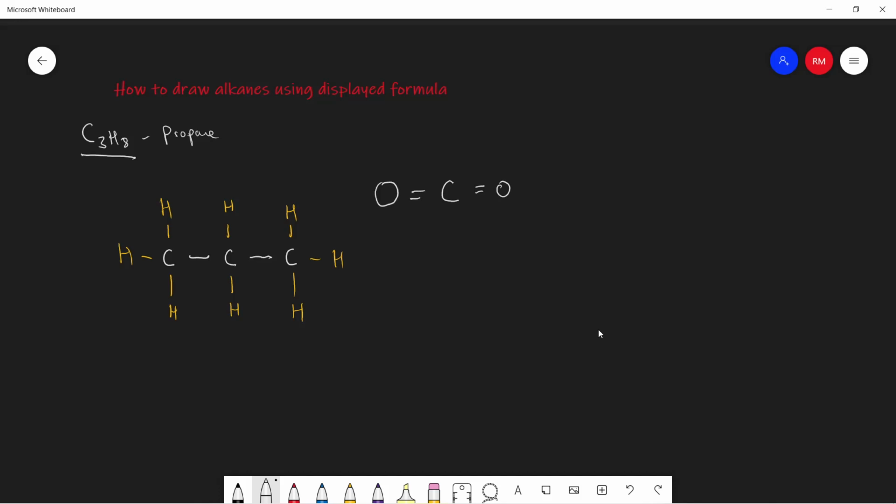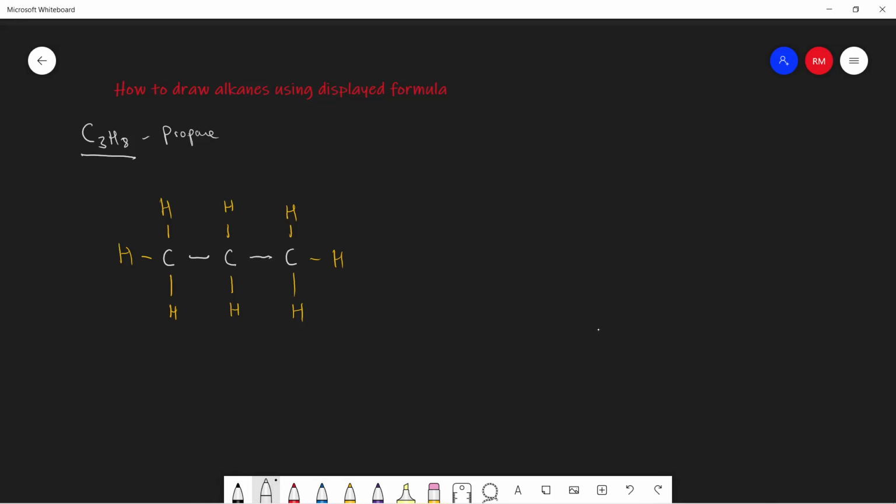Here we can see we have our 2 oxygen atoms, our 1 carbon atom, and our 2 double bonds. So this is displayed formula, and because we're using this formula, we can see how the molecule is going to react, and its properties and types of bonds, etc.